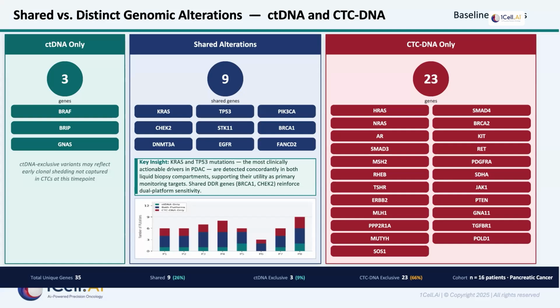So there's a lot of common themes, but in addition, I think that both the ctDNA and the CTCs bring their own information. And I think you can see how rich the information is that is coming from the CTCs.